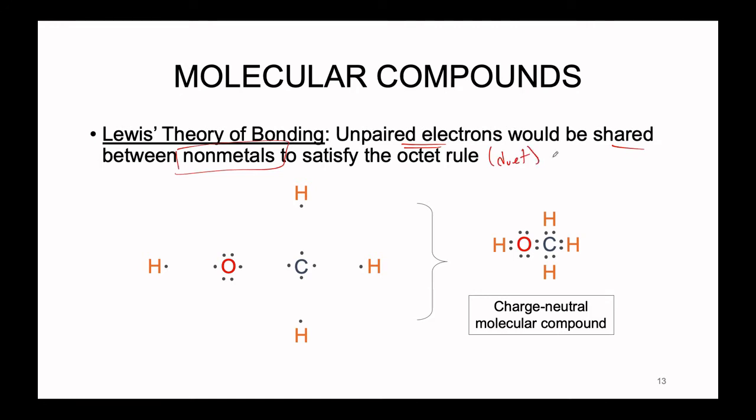So if we write out the Lewis dot symbols for elements like oxygen, carbon, and hydrogen and arrange them in this straightforward way, Lewis's approach was to observe these unpaired electrons, these single electrons present inside the Lewis symbol, and connect them. We're just connecting the dots like we used to in our coloring books in elementary school.